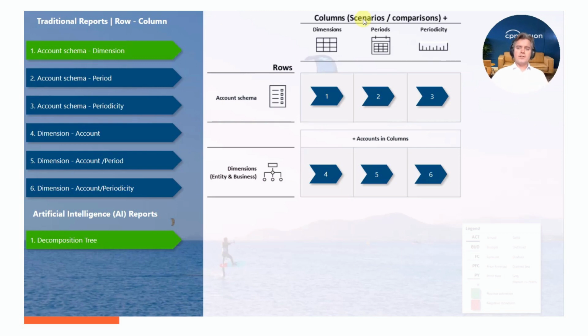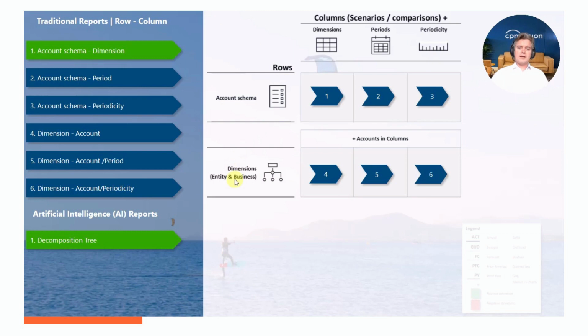That's per definition. But on top, the first report has the periods, and this one has periodicity. In the periods, you'll see your months, your quarters, your half years, and in periodicity, you'll see things like the current month, year to date, last 12 months, and all these kinds of concepts within your columns.